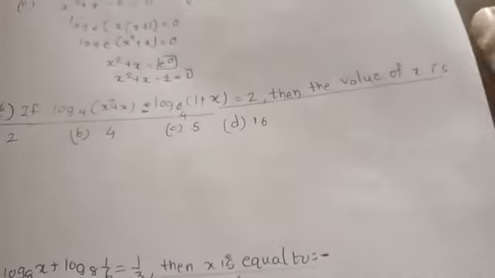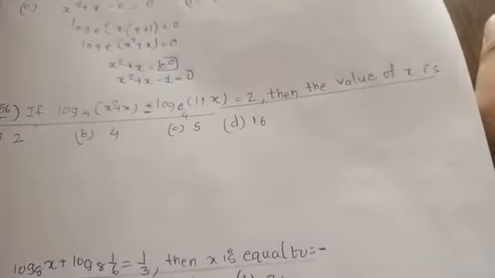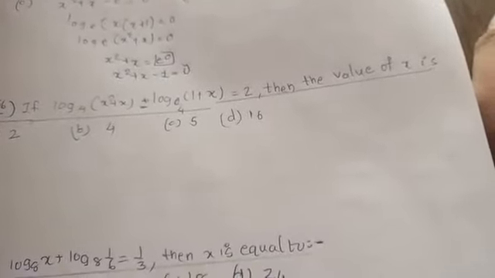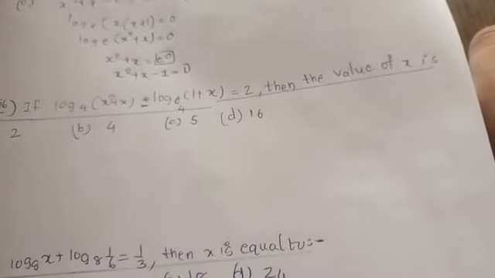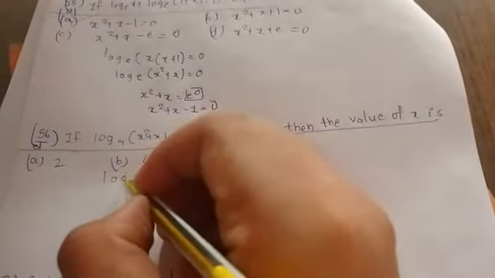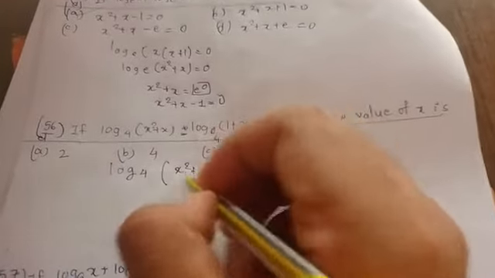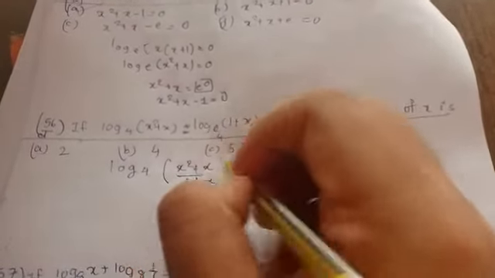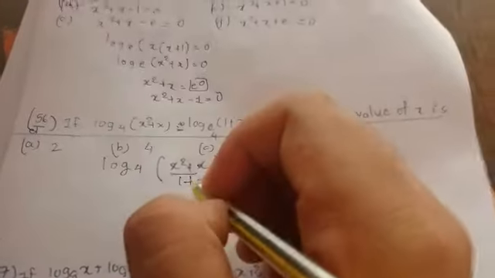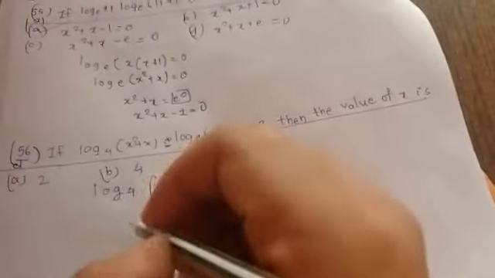56th question. Log to the base 4 x square plus x minus log to the base 4 1 plus x is equal to 2. Then the value of x is. Now we can write this expression as log to the base 4 x square plus x upon 1 plus x, since subtraction gets converted into division in log, is equal to 2.